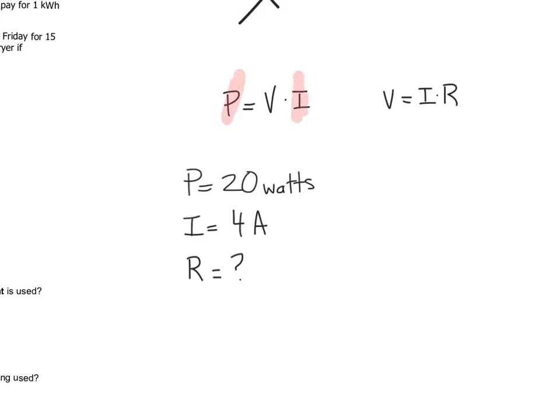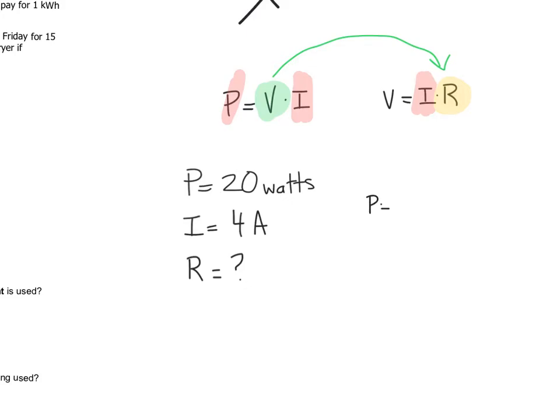I know what current is, and what we want to know is this resistance. Obviously, I don't have enough information to solve using Ohm's law, which means I first have to solve for voltage and then use that over here. So that's what I'm going to do.